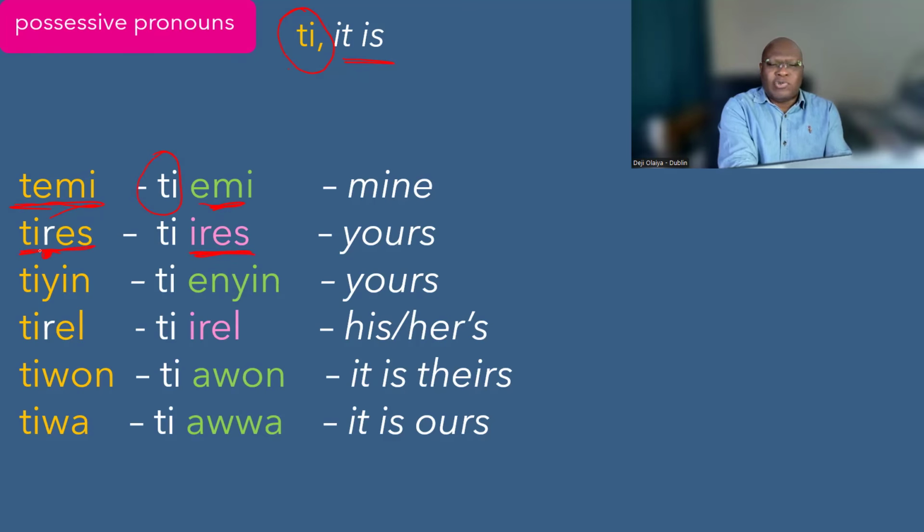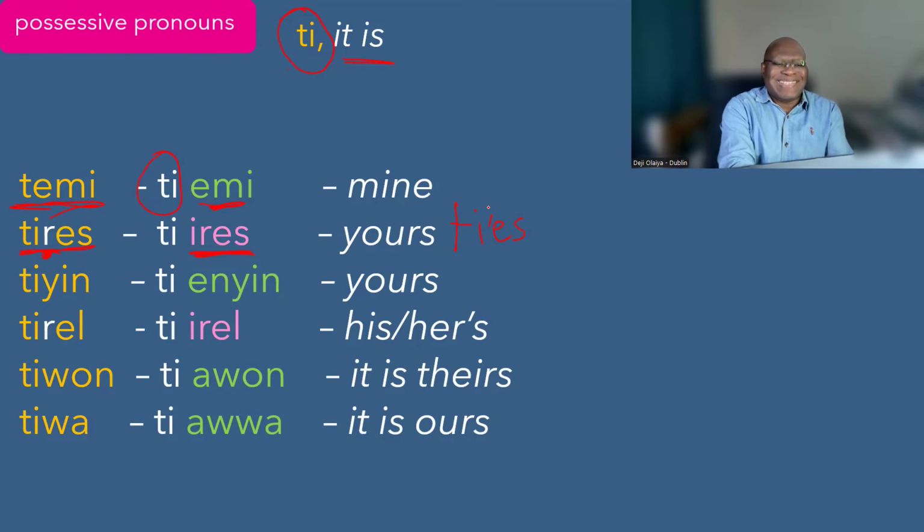That's because you don't normally pronounce that R. So you just say tieni. You don't normally pronounce that R there, so you leave it out. Normally it's tire, but when you speak, you say tie, yours.